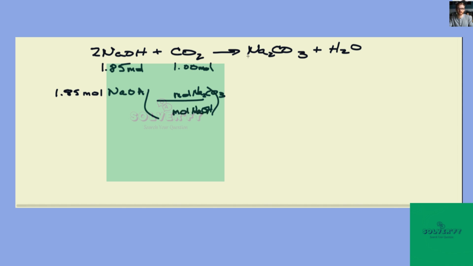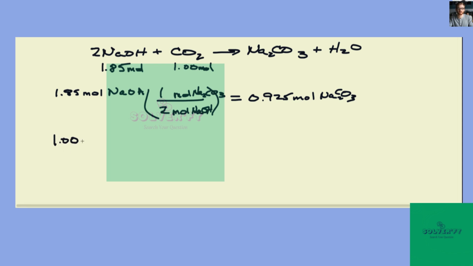Now we look at the balanced chemical equation. There's essentially a 1 here in front of the sodium carbonate. There's a 2 in front of the sodium hydroxide. And so all we have to do is take that 1.85 and divide by 2, and we're going to get 0.925 moles of sodium carbonate.